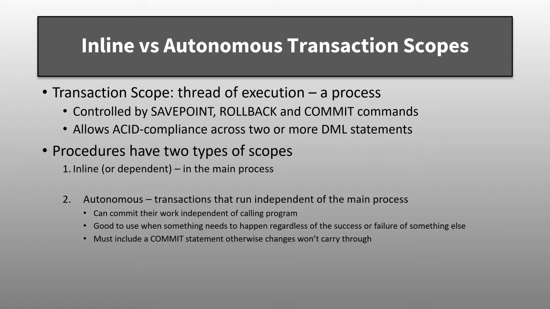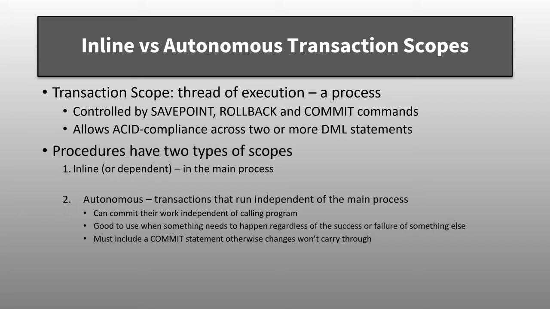One of the things we needed to clarify and understand is the inline versus autonomous transaction scopes. Just in review, what is a transaction scope? The transaction scope is literally just a thread of execution. It's a process, a series of lines, executing some commands. But they're typically controlled by savepoint, rollback, and commit commands.